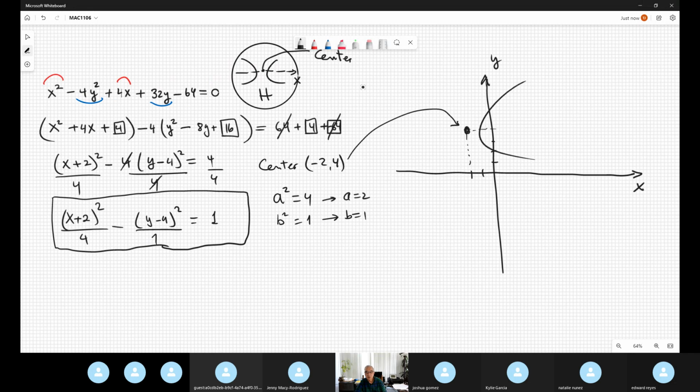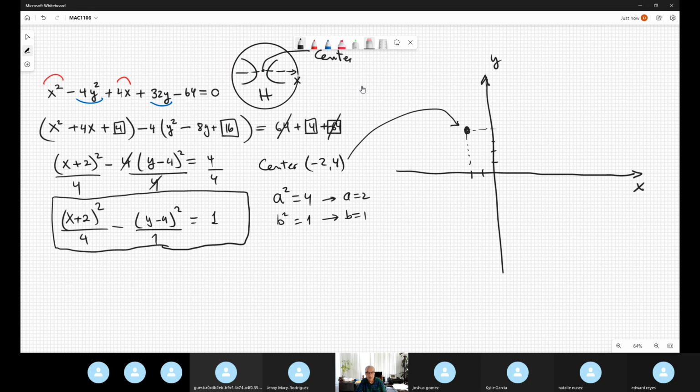I know our hyperbola looks like that, but let's do it in detail. Okay, so a is 2. From the center, I'm moving 2 to the right and to the left.